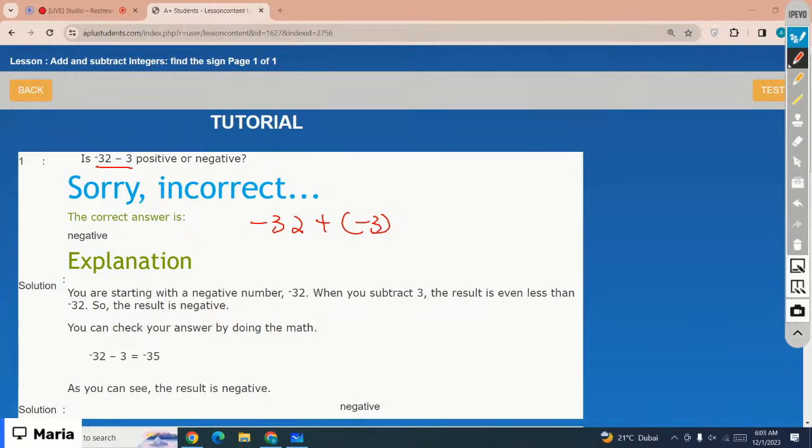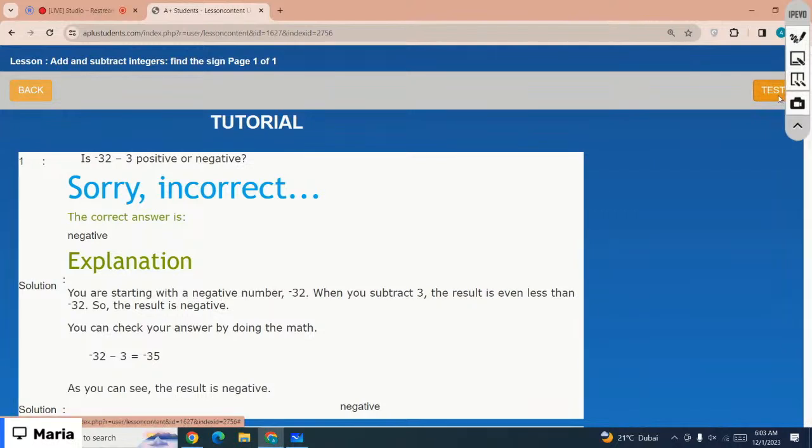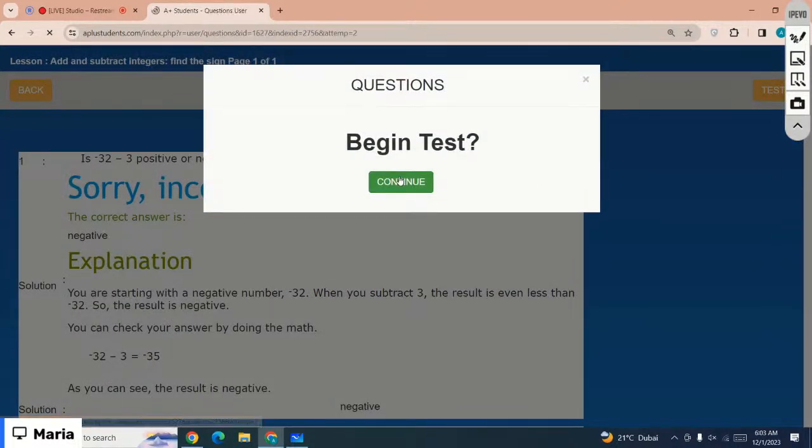You have to add them and the answer must be negative. So that would be negative 35, right? So the answer is negative. You can open the rules you noted down last week and you can see from there whether it is positive or negative. Otherwise, we'll keep discussing the rules again while doing these questions.